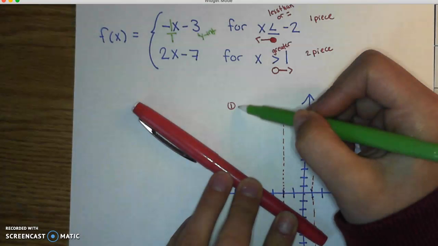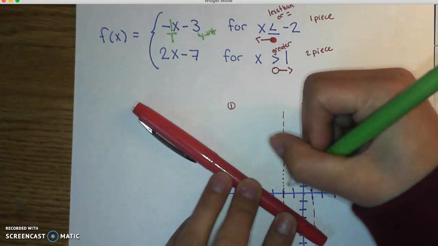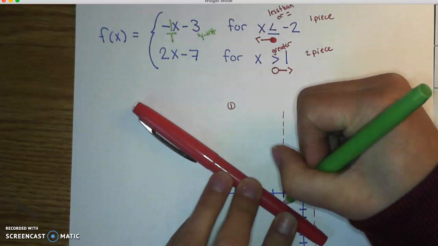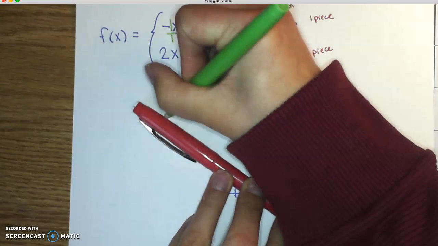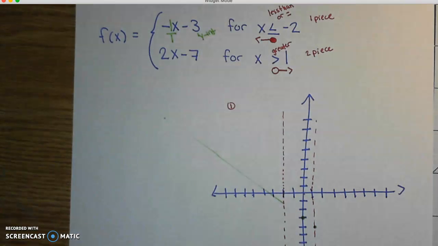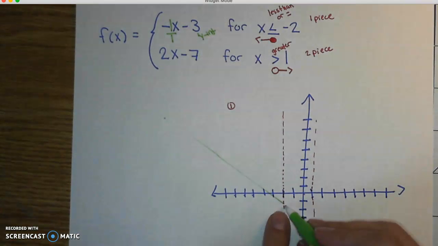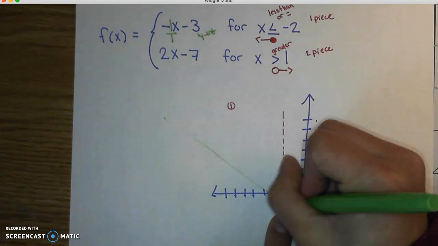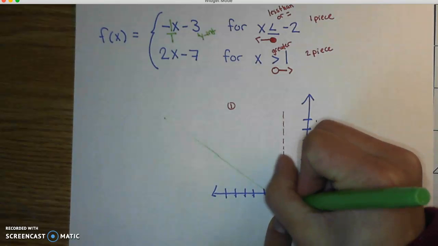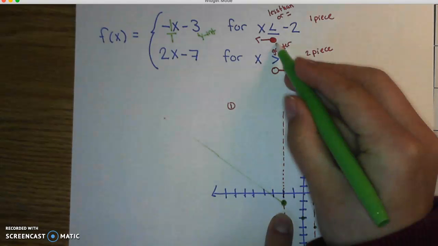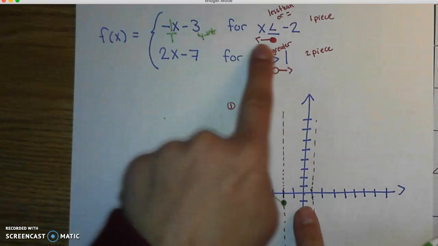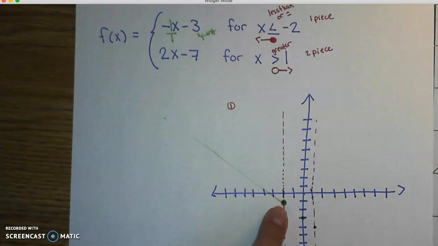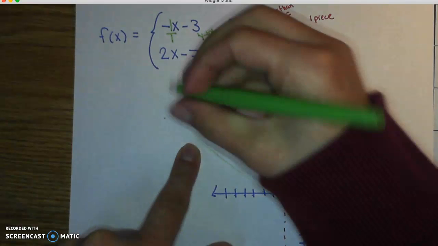I'm only going to start drawing my line in section 2. So I only started in section 2, and at this point it is a closed circle because I said right there it's closed and it's going to the left. So it's closed going to the left.